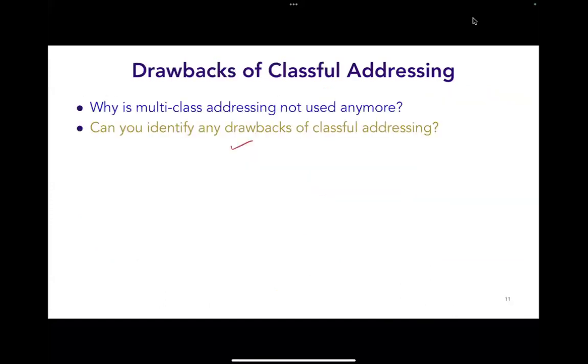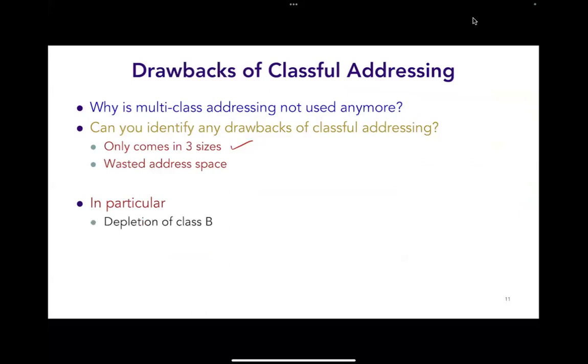So the drawback of this classful addressing is wasted address space. If I don't fit in class C, I would want class B, even though it is too much for me. In particular, we have depletion of class B. There are only 16,000 different class B blocks, and any network with more than 256 hosts will need a block of class B.